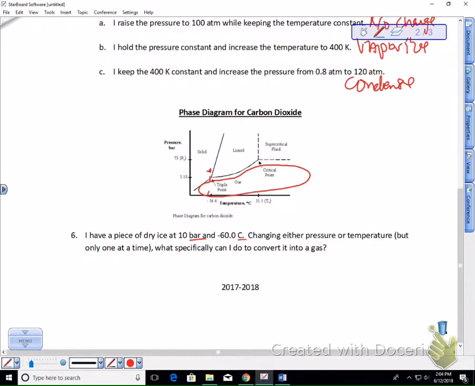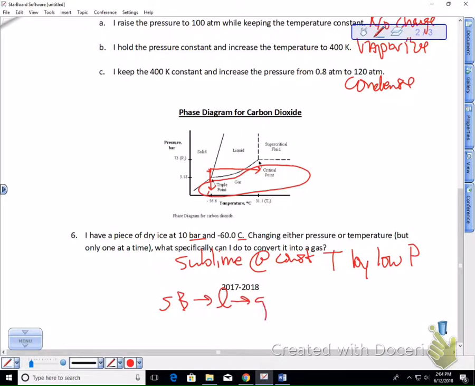So I have a couple of options. If I hold the temperature constant, I can reduce the pressure and cause sublimation. So I can sublime at constant T by lowering P. Or I can keep the pressure constant and increase the temperature, and then I can go from solid to liquid to gas.